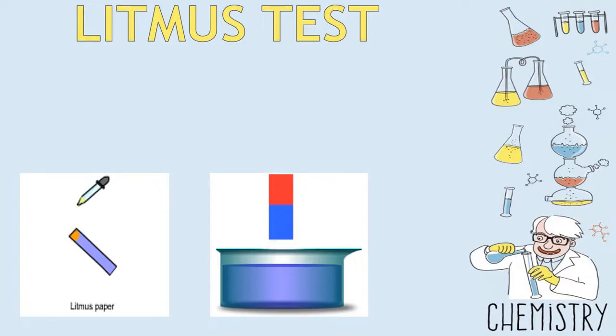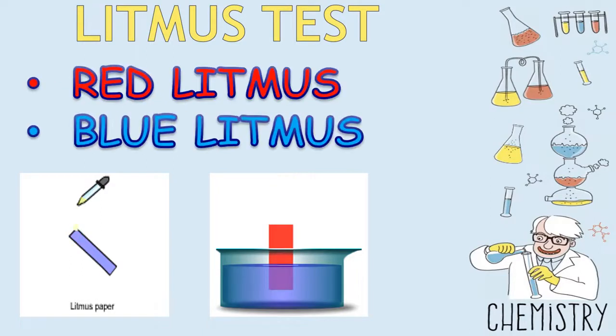There are two types of litmus paper which are available. One is called red litmus, the other one is blue litmus. You have to dip the litmus paper into the solution of metal oxide, and based on the change of color you can see whether the solution is acidic or basic.